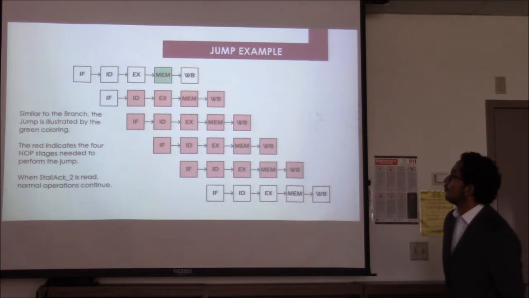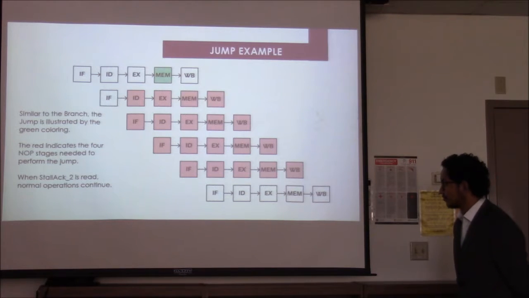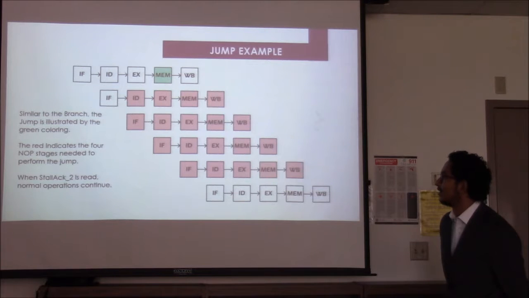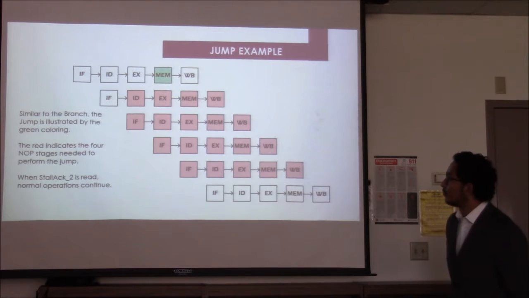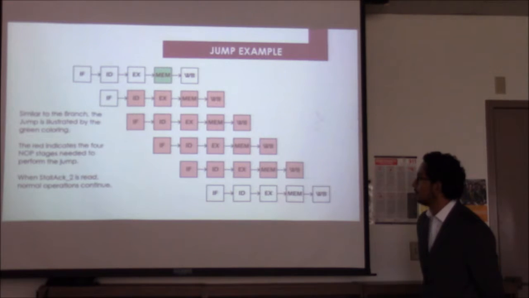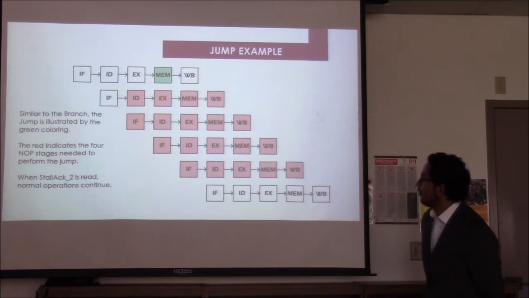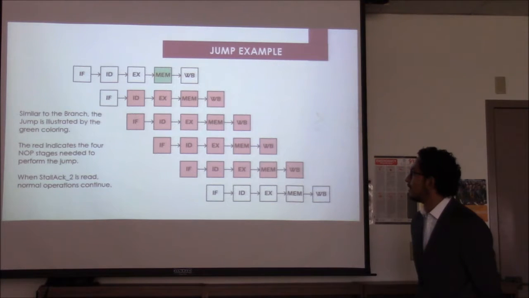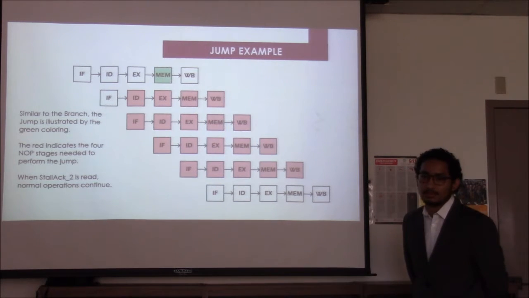So this is an example of our jumps. Our jumps are being carried out in the memory stage, followed by 4 stall stages, until the stall acknowledge is read in the clock after the write back stage.